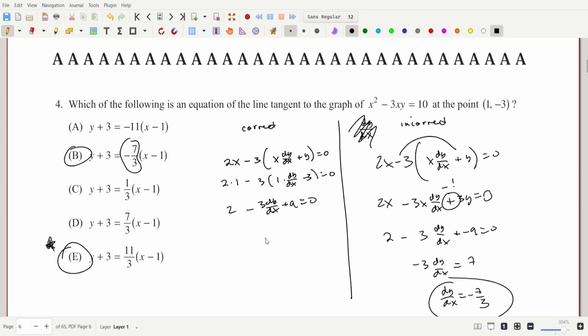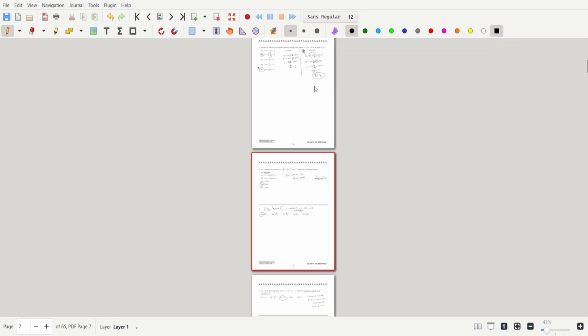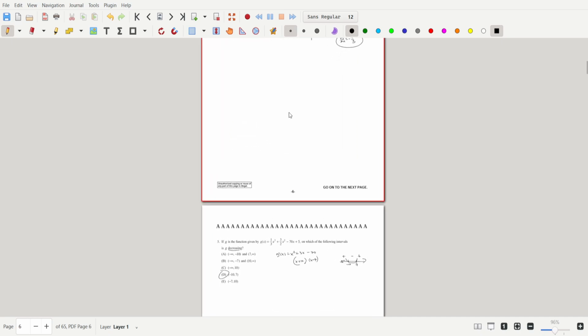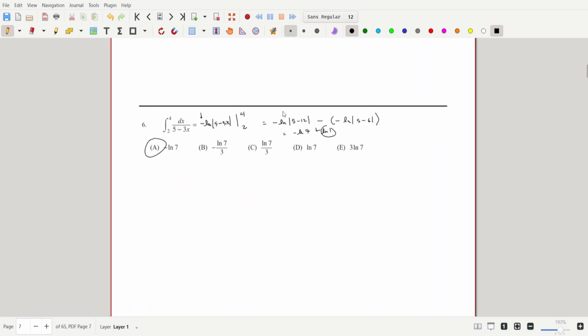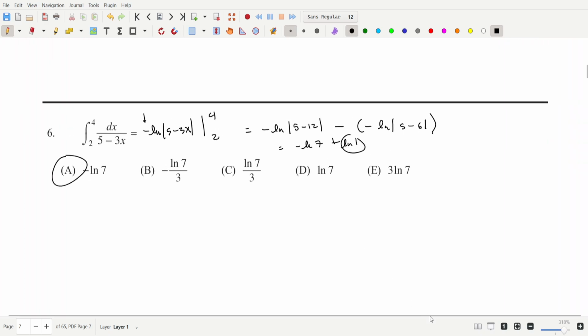Let me just double check one more time. 9, negative 3, subtract 2, subtract 9, negative 11. Yeah, I'm with the e. Basically, the constants will be different. You'll get 11 over 3. Okay, and then I missed 6. Whoa, what the heck? How do I do that? I made some silly mistake here as well.